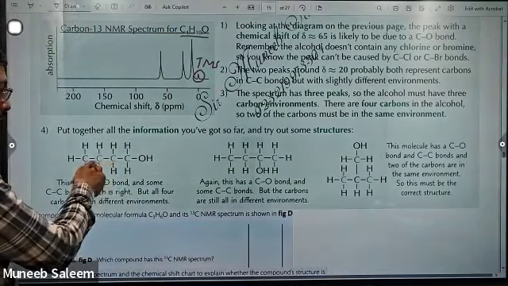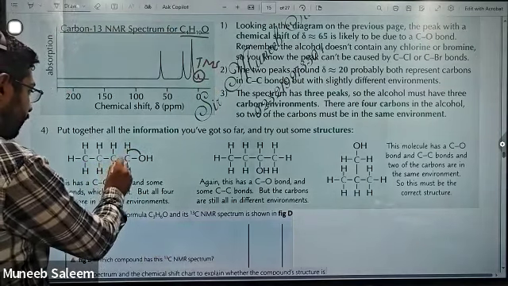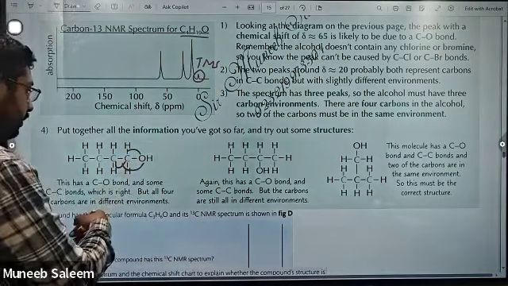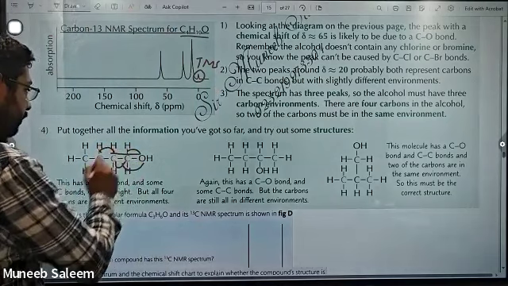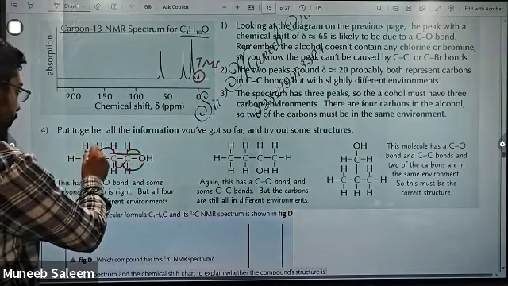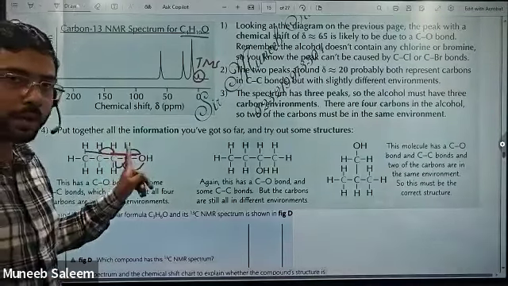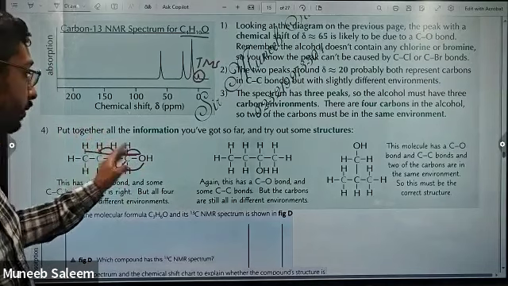Why are they four different? Because this carbon is directly linked with this one. This carbon is bonded with the CH2 and then with the OH, which is farther from this carbon. This carbon is at an even greater distance from the OH, and this carbon has more distance from the OH. So that's why all of these four carbon atoms are present at different distances from the OH.